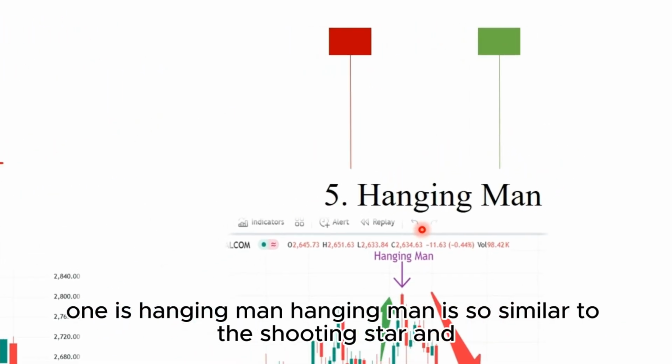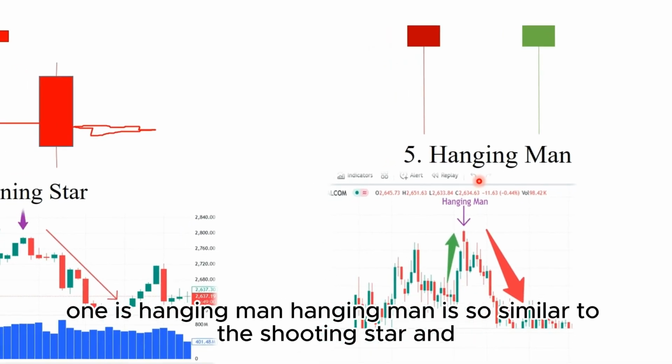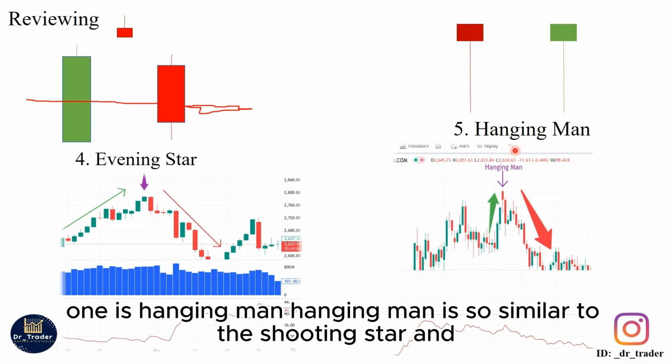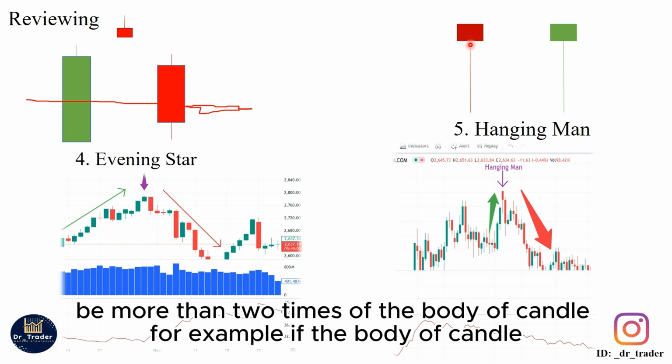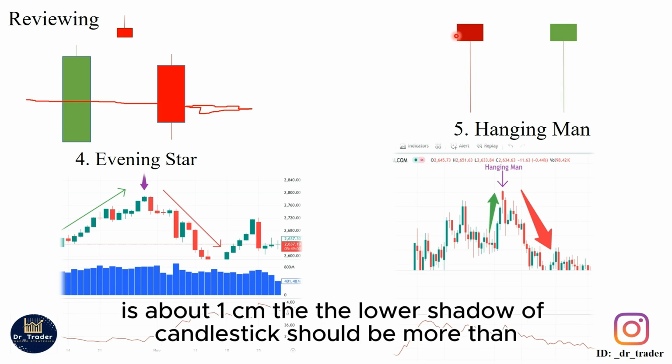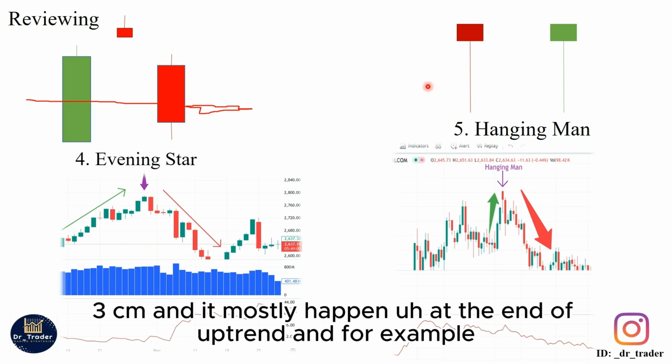And another one is the hanging man. The hanging man is very similar to the shooting star, like a reversed shooting star. In the hanging man, the lower shadow must be more than 2 times the body of the candle. For example, if the body of the candle is about 1 centimeter, the lower shadow should be more than 3 centimeters.